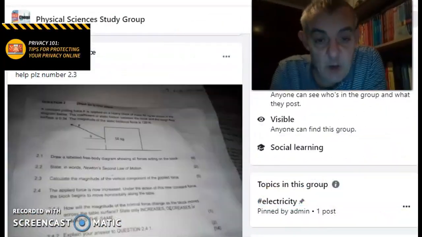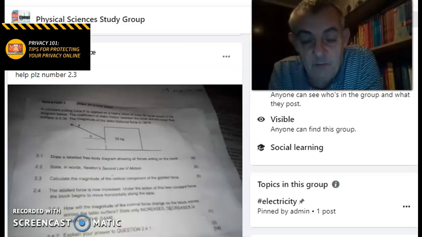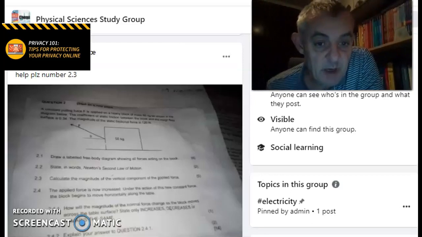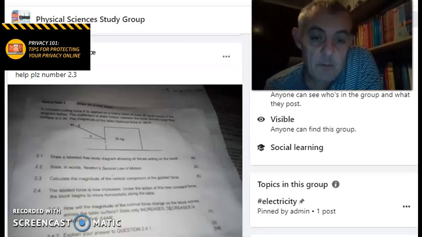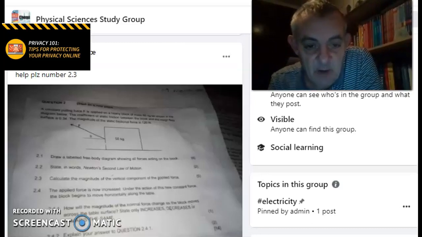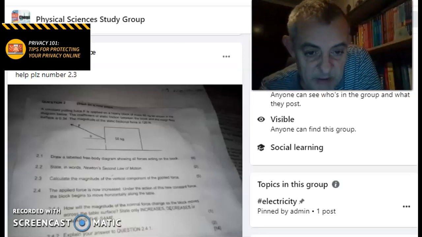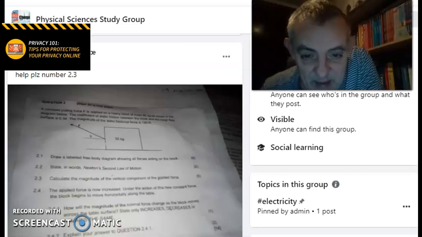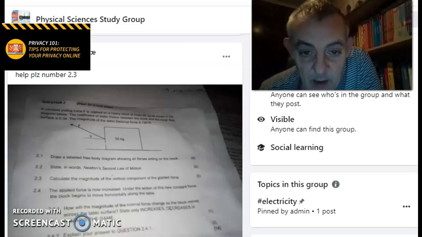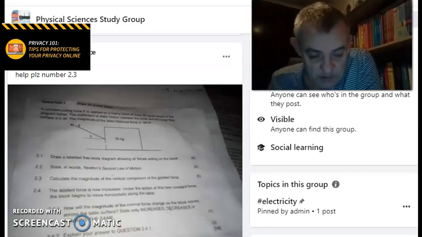Okay, so here is a question from a physics paper. This is dealing with force, so this could be a grade 12 paper, or it could be a grade 11 paper. Vilakazi is asking for help with 2.3, which is asking to calculate the magnitude of the vertical component of the applied force.